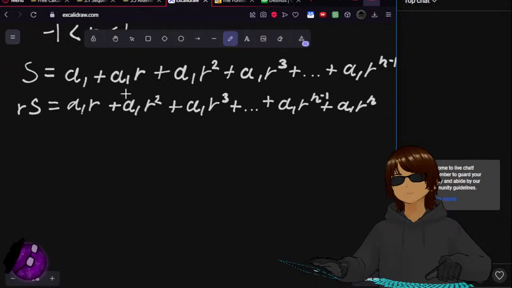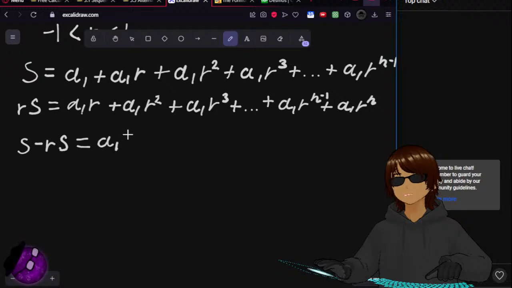And then this and this are the same, this and this are the same, this and this are the same, except for a1 and a1 r^n. Every term is being repeated in both s and rs. So we can do s minus rs. This and this would cancel out, this and this will cancel out, and we would be left with a1 minus a1 r^n.